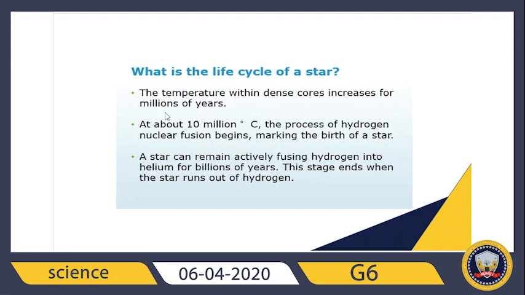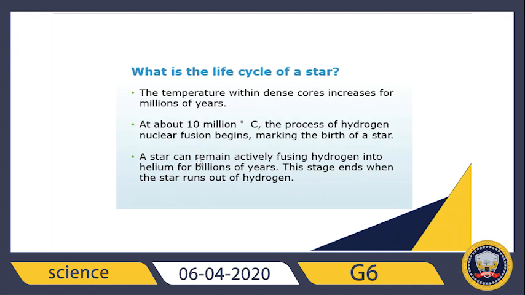So once the temperature within the dense core reaches 10 million degrees Celsius, the process of hydrogen nuclear fusion begins, and once this process begins, it means that the star starts to form and appear.